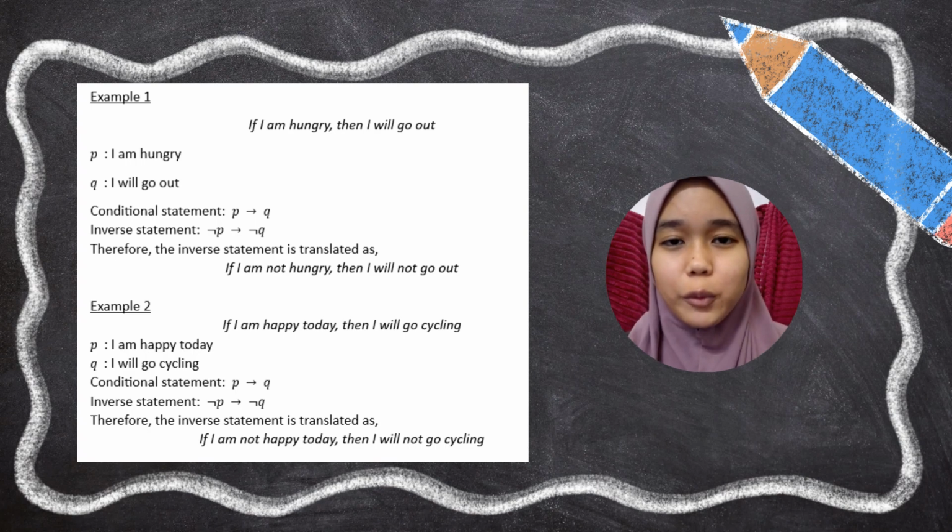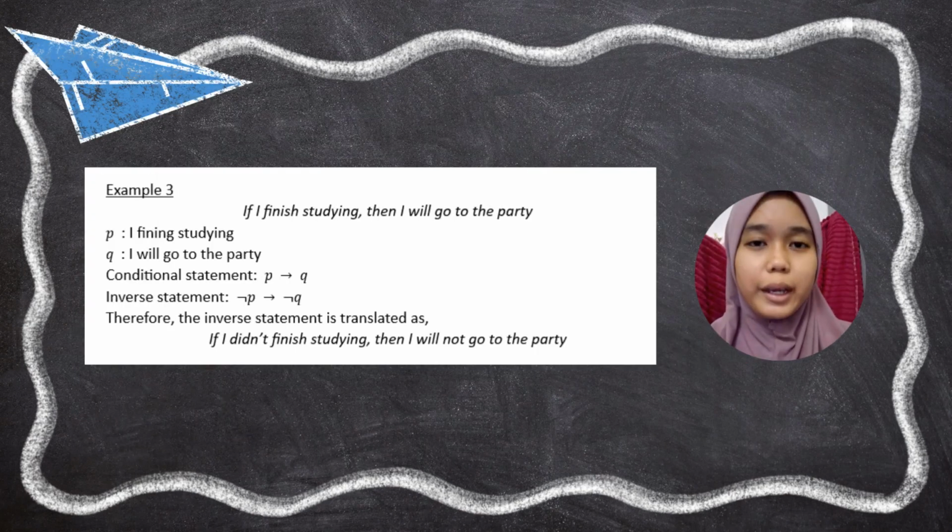For example 2, we are given a statement which is if I am happy today, then I will go cycling. The P is I am happy today and Q is I will go cycling. The inverse statement will be if I am not happy today, then I will not go cycling, which is if not P, then not Q. And for the last example, the statement given is if I finish studying, then I will go to the party.